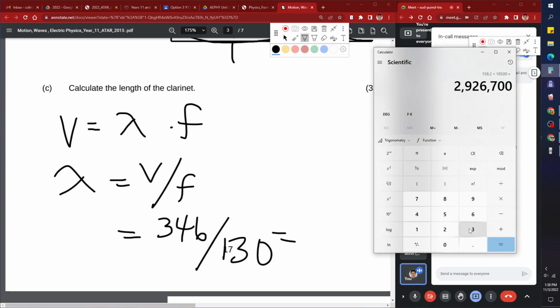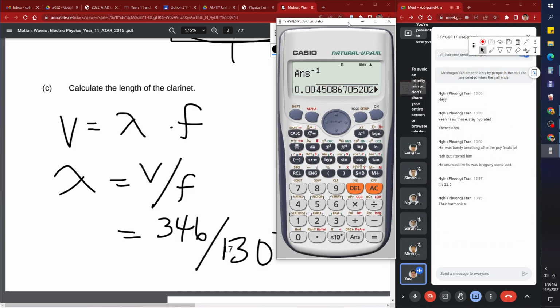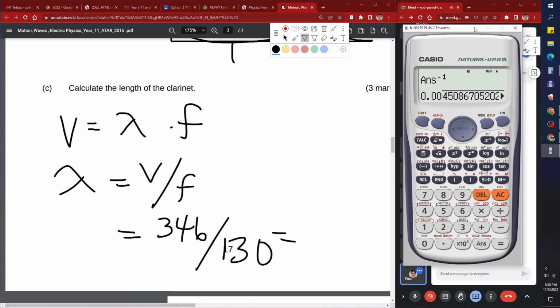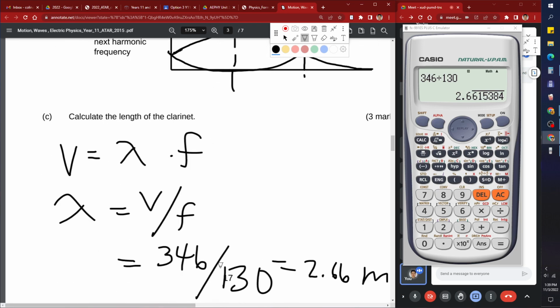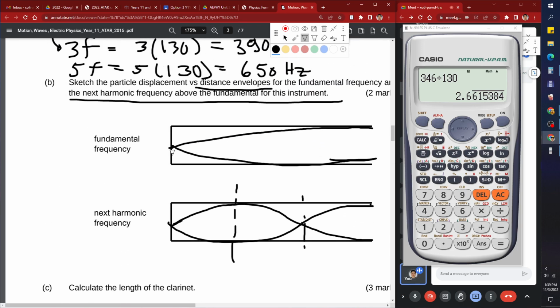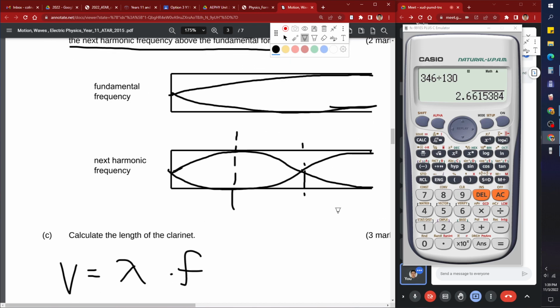Not going to do it in my head. You know how that turns out. Disaster. 346 divided by 130. It's going to be 2 something. It's 2.66 meters, because that's the base unit. Now, because we use the fundamental frequency, the length of the pipe contains only 1/4 of a wavelength, right?